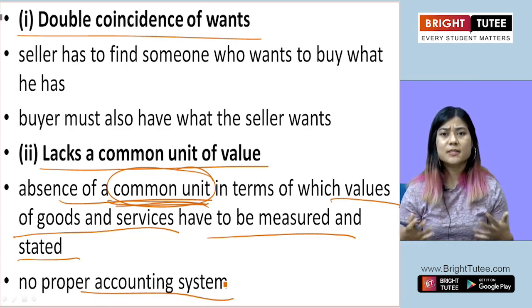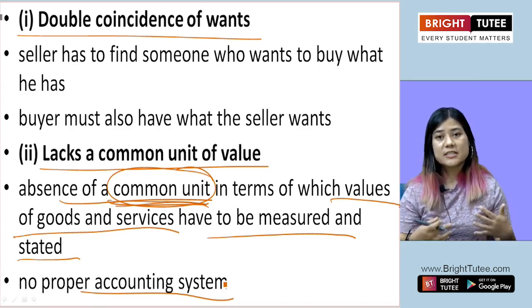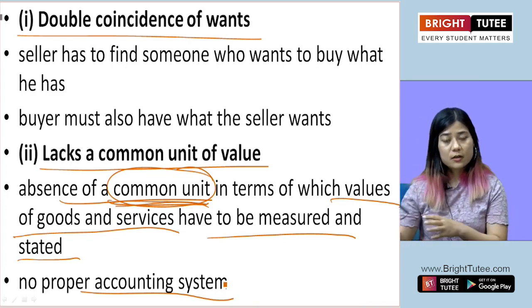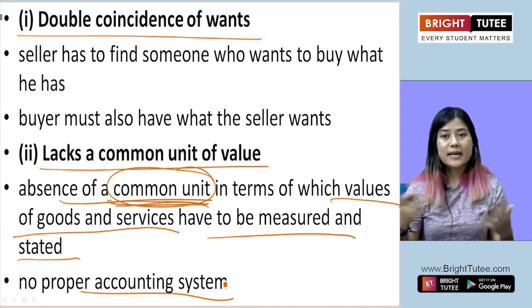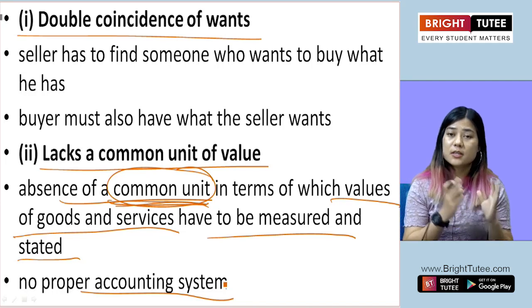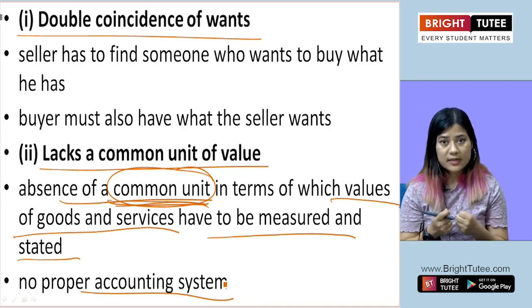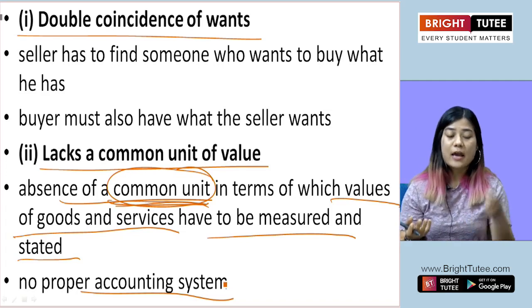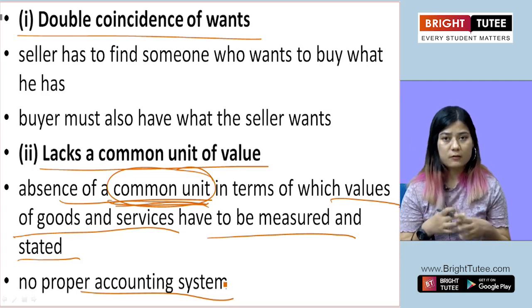The accounting system is the system which manages what commodities should be priced at how much, and how much quantity should be sold or bought for a certain price. When you go to the shop today, for 20 rupees, you get 1 kg of sugar, for example.